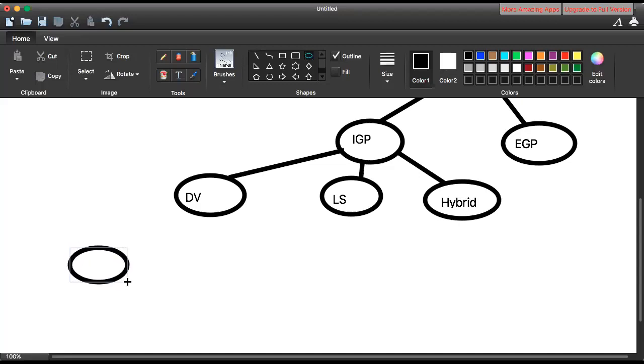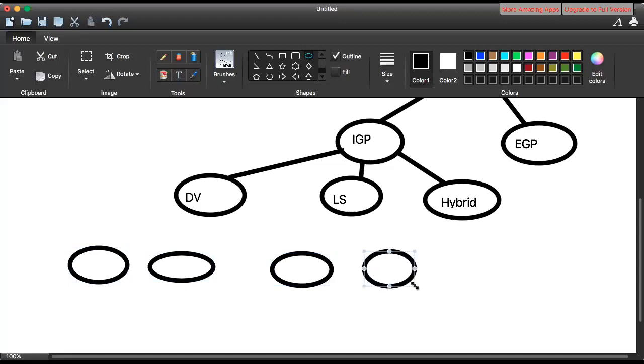RIP and IGRP are distance vector, OSPF and ISIS are link state, and EIGRP is hybrid.